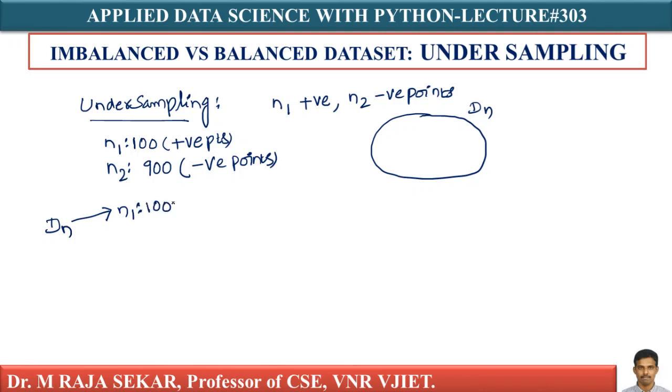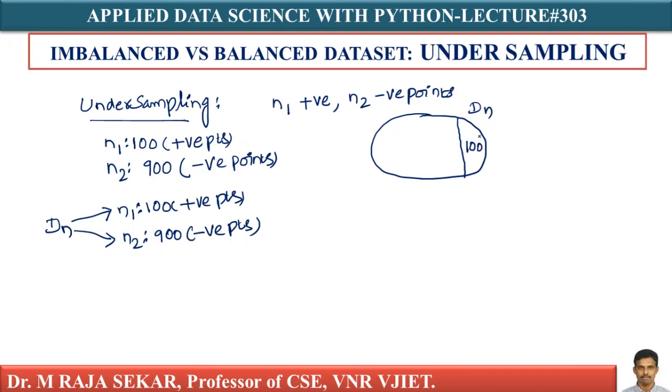There are 100 positive points. There is another partition n2. What is this n2? Let me assume this is 900 negative points. In the set notation, let me say this is 100.